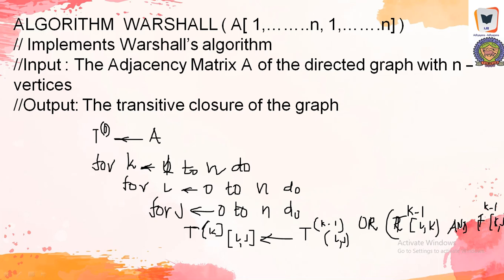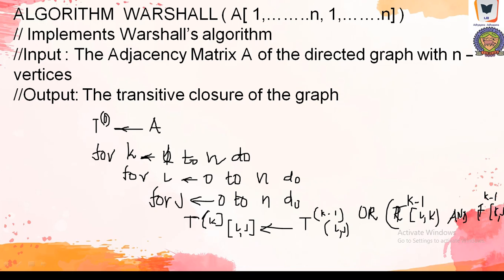If the entries in the k minus 1th matrix, in the ith row and kth column, and the kth row and jth column, happen to be 1, then the entire expression will give us 1, and we will just put 1 over here. Okay, the entry will be 1.